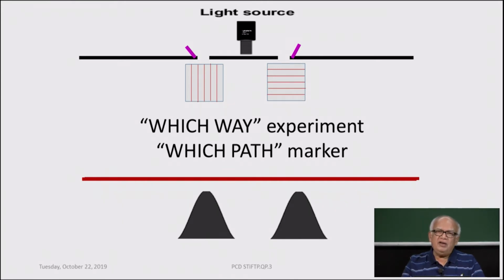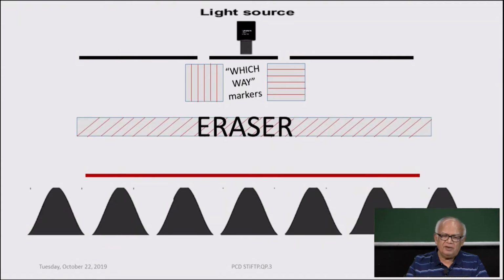Now, what if you erase this information? There is some information with you and you forget about it by erasing it, you take an eraser and remove that information from your book of knowledge. So, how can you erase it?